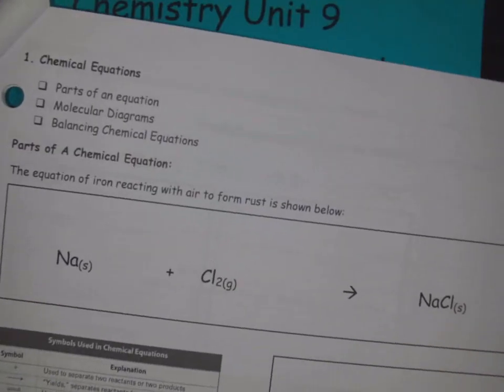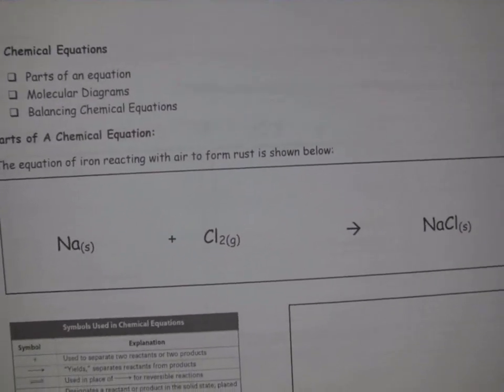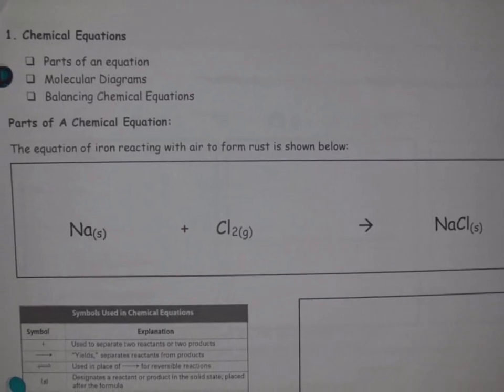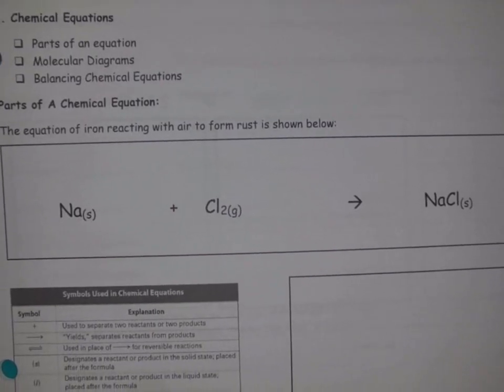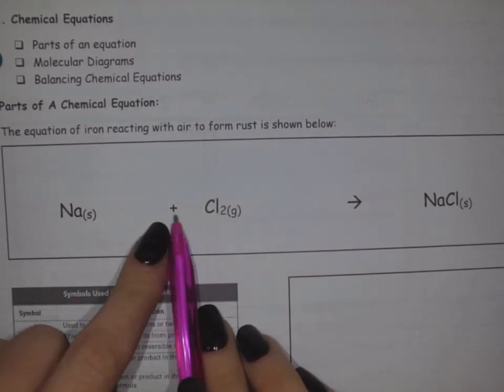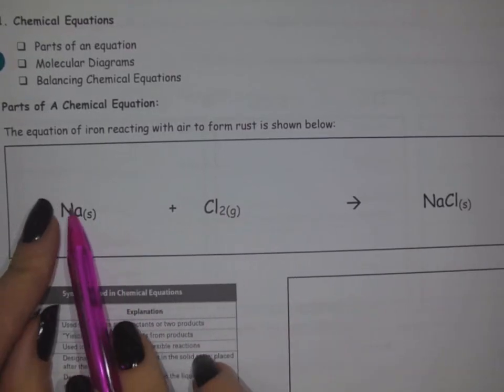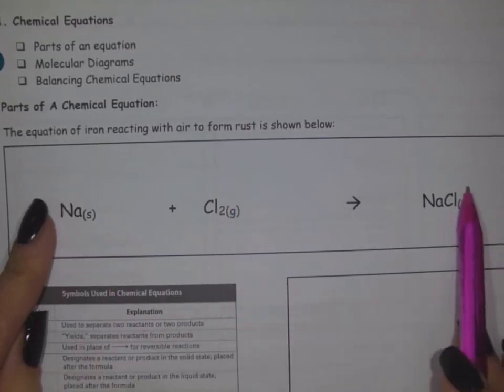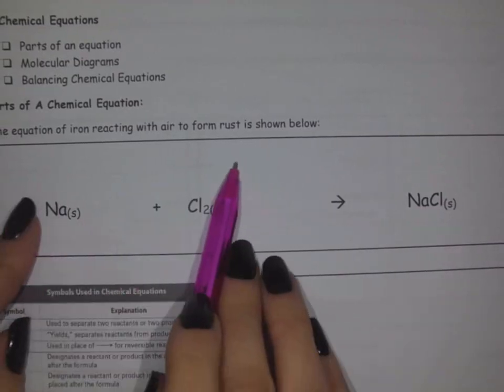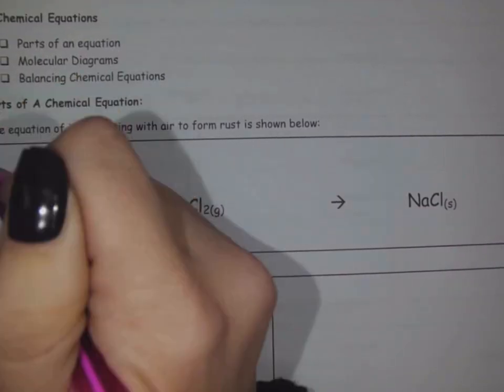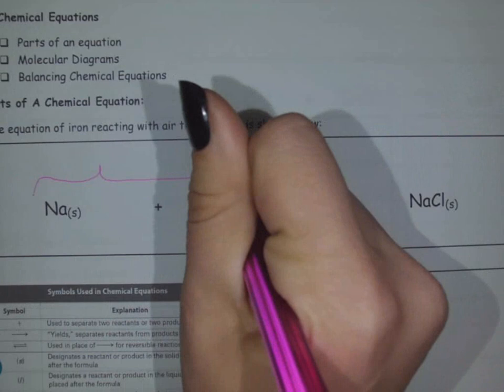We're looking at page 5 right now, and this whole unit is about chemical reactions. The first thing I want to point out is these plus signs, which separate either reactants or products. When we are on the left-hand side of the arrow, these are our reactants.